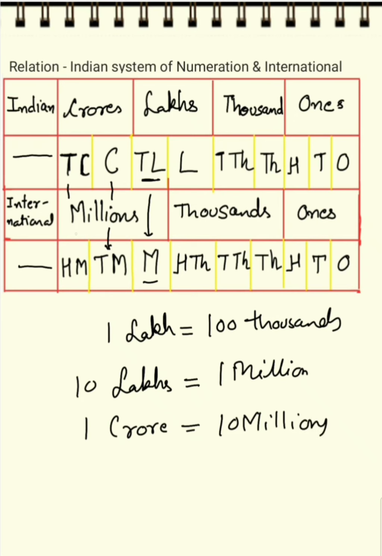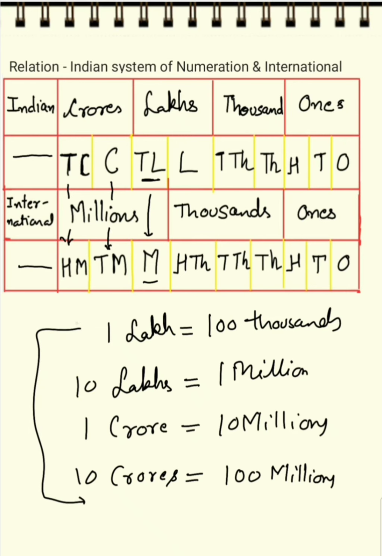Correct? And 10 crores are equal to 100 millions. And these are the relations, and these are very important relations.